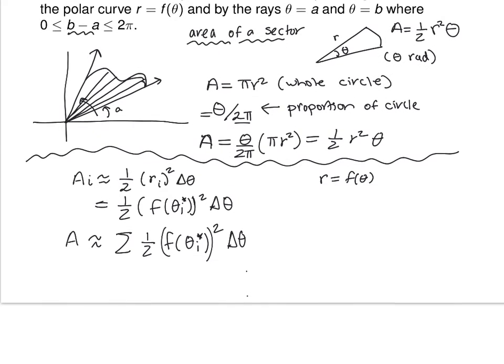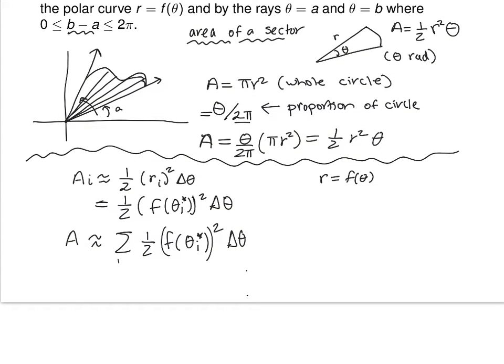And then to get that area exactly, you take the number of little divisions to infinity, and the area is exactly equal to the limit as n goes to infinity of that sum. And hopefully you haven't forgotten the calculus 1 that tells you that that becomes an integral.